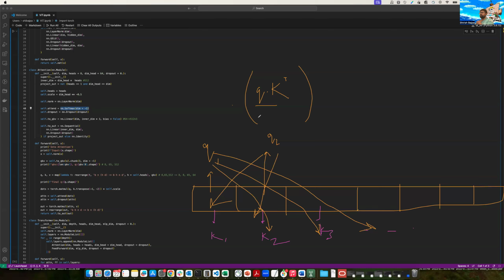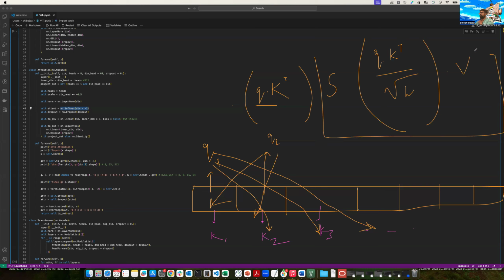Then we normalize by the dimension of head, take the softmax, and multiply with the value v1. This gives us the attention score, and across all we just add it.